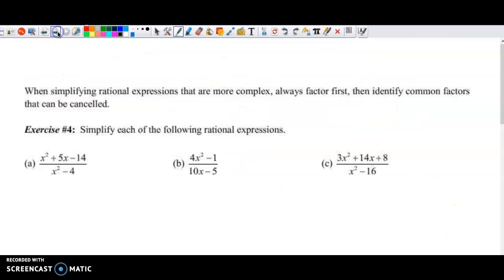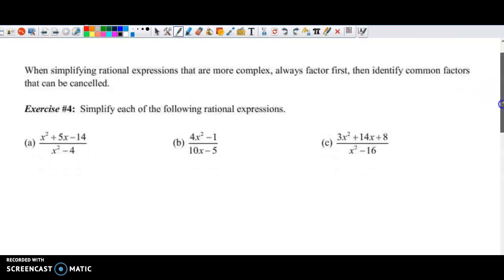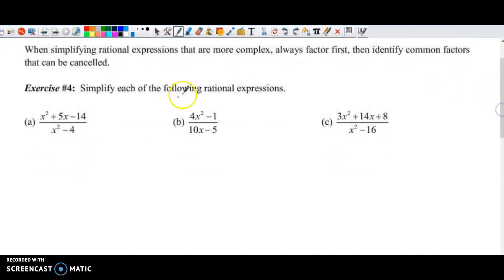There we go. Okay, so how do we get a little bit more tricky? How do we get into Algebra 2 is to get into more complex things. But again, it's the idea of factoring. And if we look at the top, we have factors of 14 that add to be 5. And I really hope you remember this section.